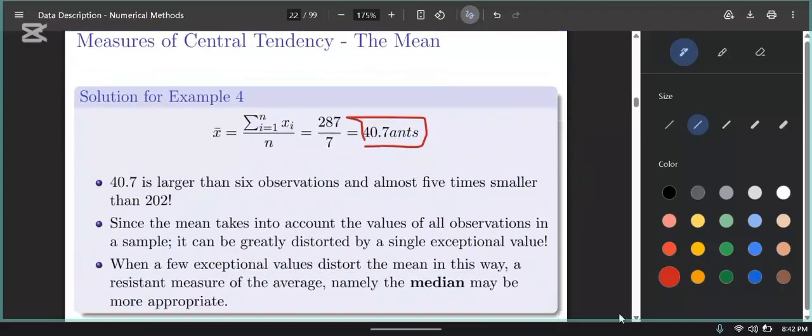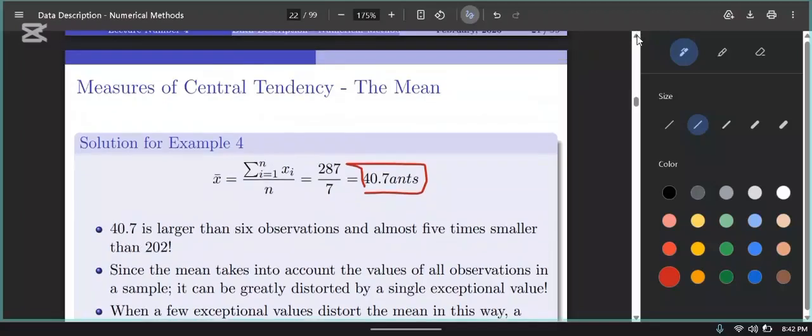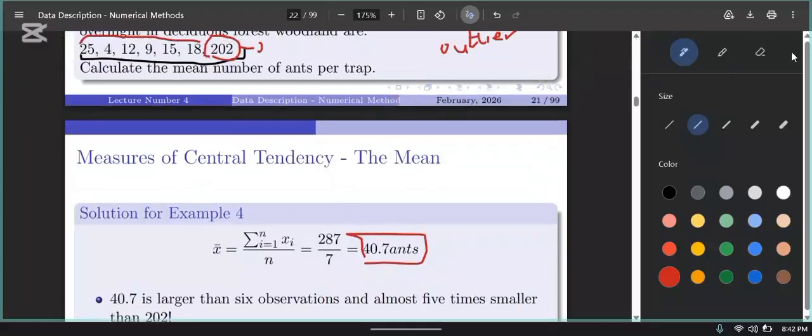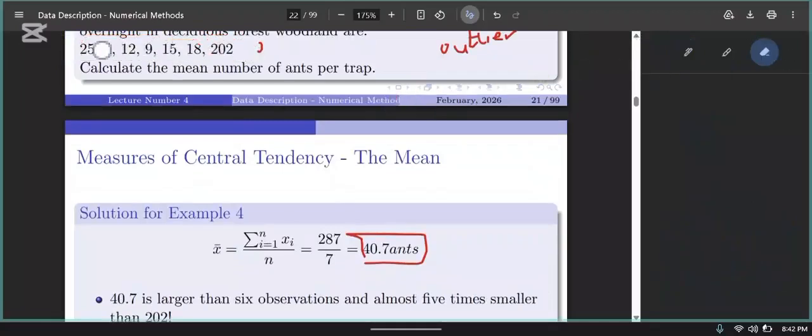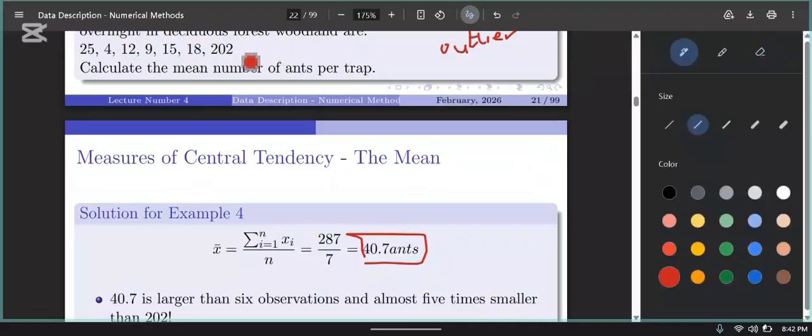So now the mean takes into account all. Yes, madam. Where is the 287 coming from? Okay, so the 287 is the sum of all these numbers, when you add them.